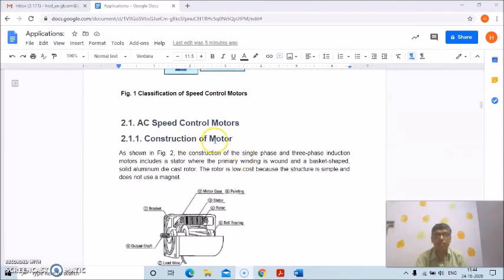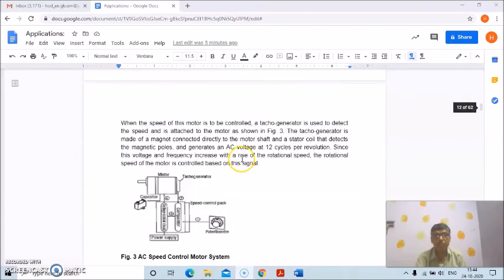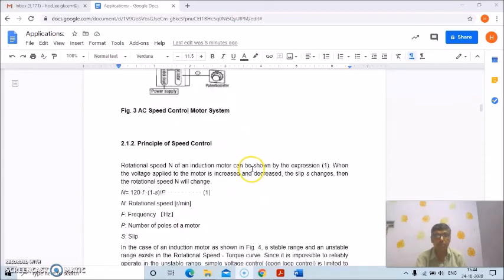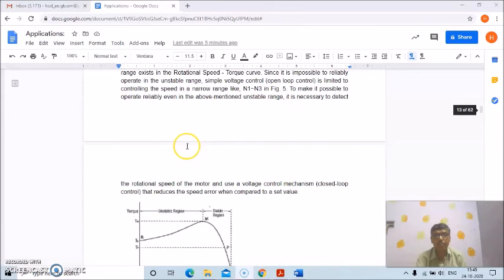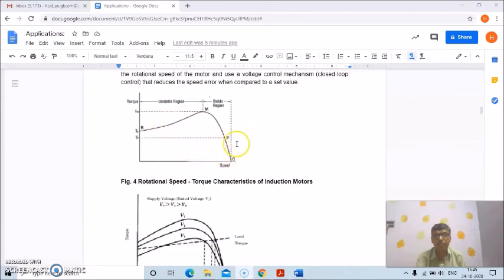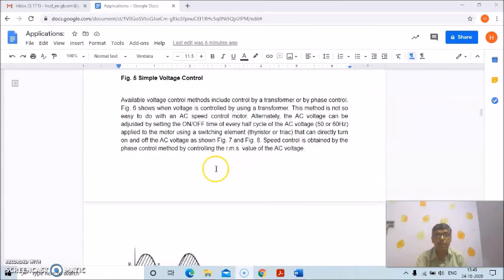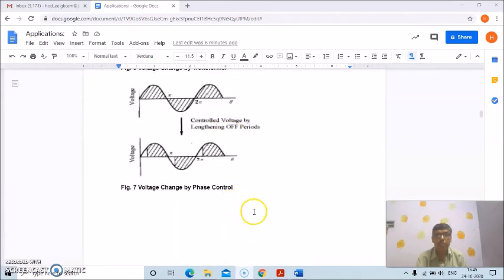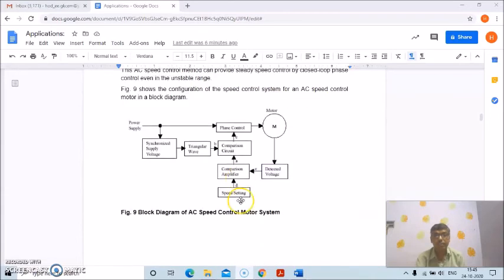Then AC motor speed control, with a short introduction with the construction of this motor, and how the AC motor speed control system works, then the principle of speed control from its operational formula, then its speed torque characteristics, then simple voltage control methods, its waveform, voltage change by transformer, voltage change by phase control. Then trigger control circuits also we have discussed.